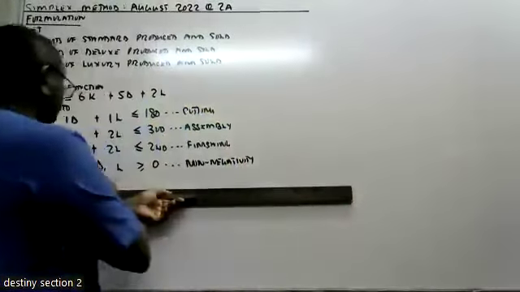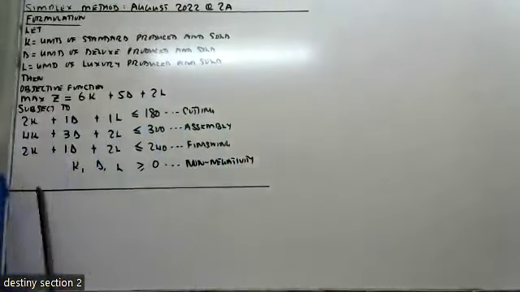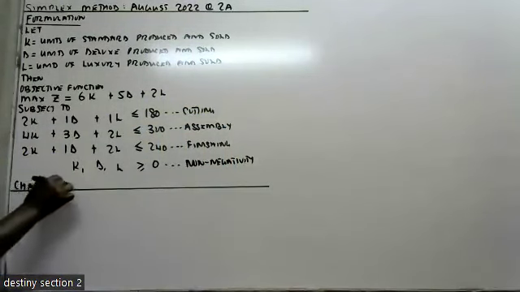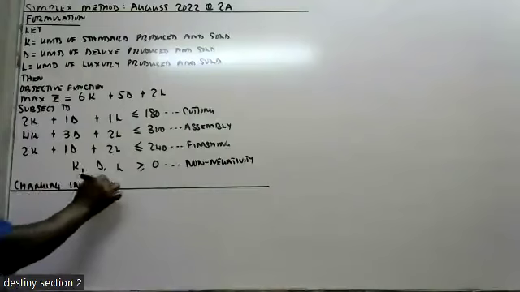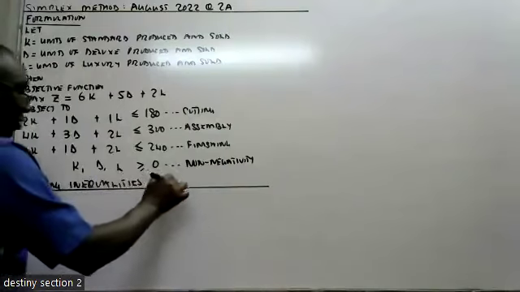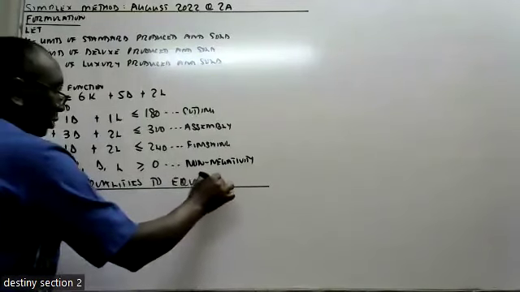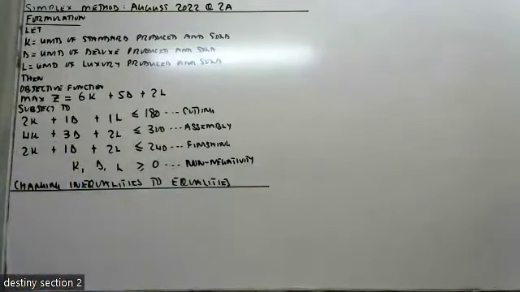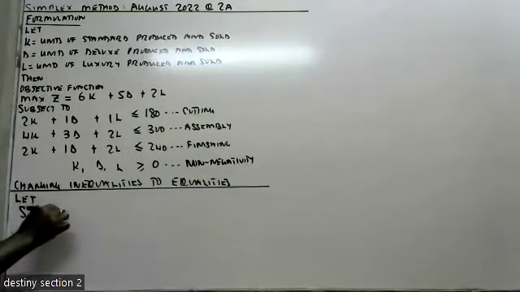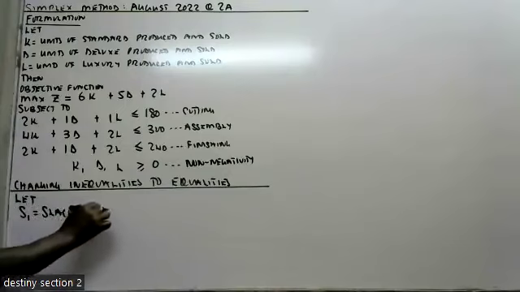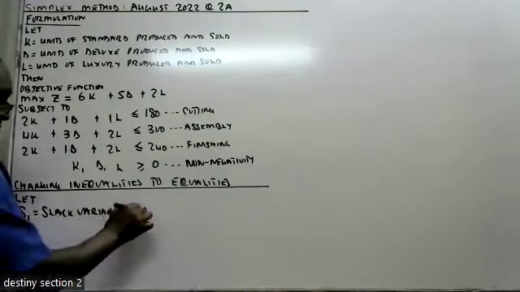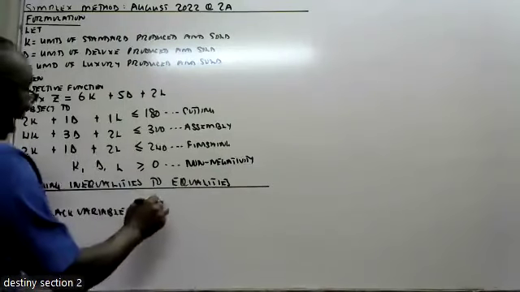Now the second step is called changing inequalities to equalities. So we normally say let S1 to be the slack variable for cutting hours.